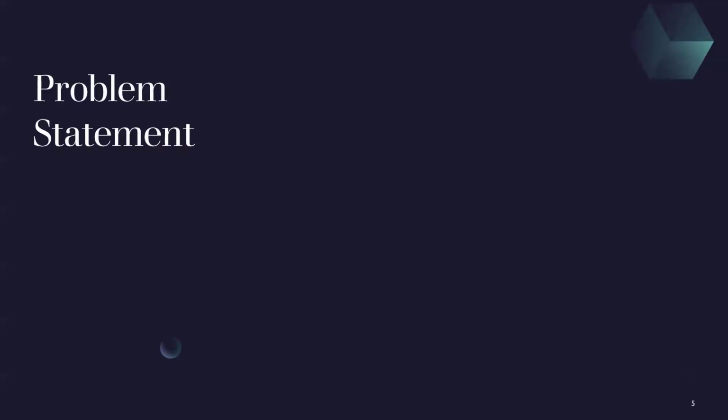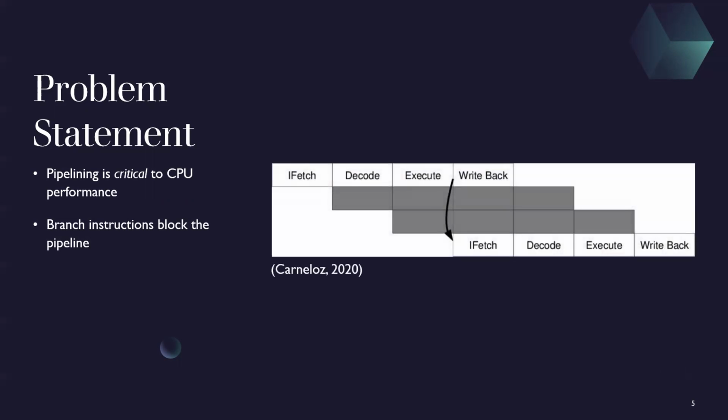So what is the problem here? As you can see, we talked about pipelining being really critical to the CPU's performance. It's really important for that parallelism to exist in order for the CPU to really take full advantage of its processing power. And what happens is when you have a branch instruction, it actually blocks the pipeline. You can see that in this diagram right here.